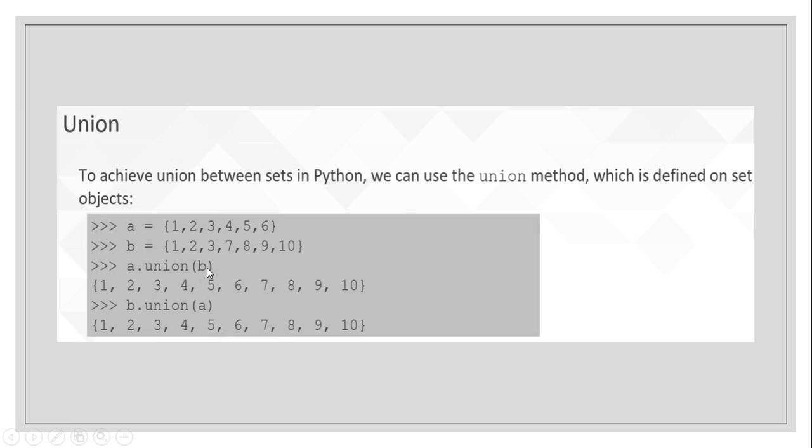If you see this simple example, A union B. There were two sets: 1 2 3 4 5 6, and 1 2 3 4 5 6 7. That is 7 values in set 2 and 6 values in set 1.